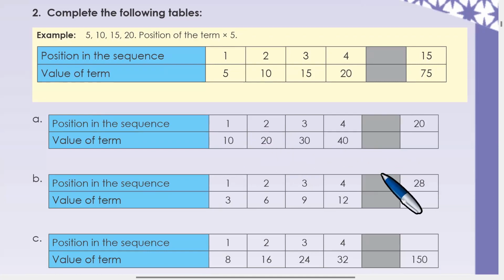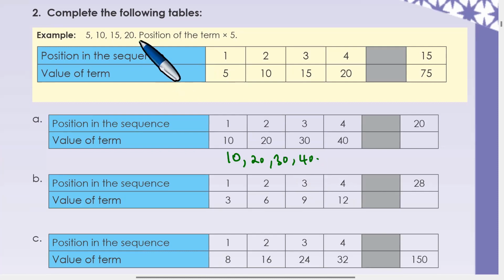So, in other words, we write the following: 10, 20, 30, 40.